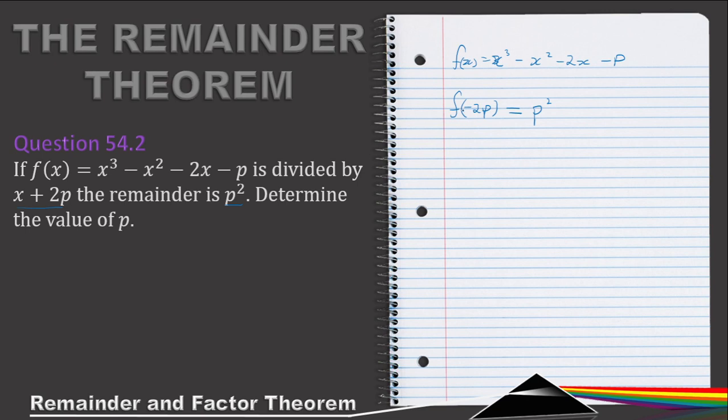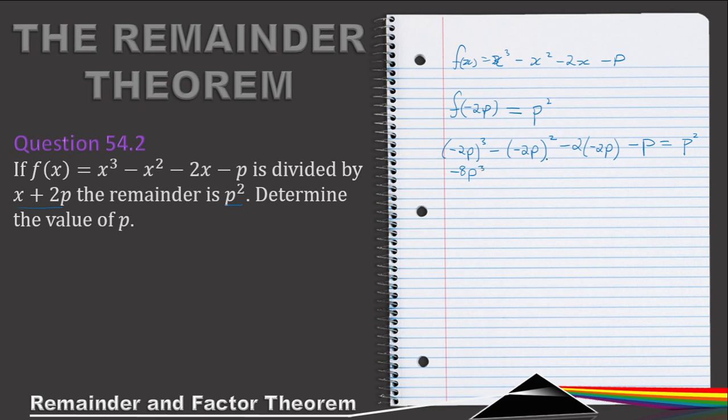So wherever I see x, I'm going to say (minus 2p) cubed minus (negative 2p) squared minus 2(negative 2p) and then minus p, and that must equal p squared. Simplify, so this becomes minus 8p to the power 3.